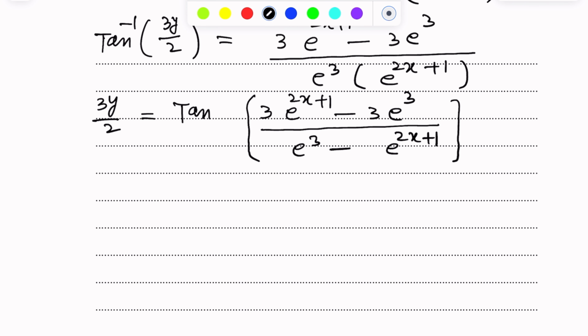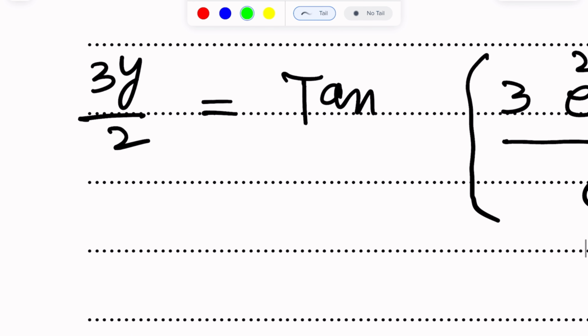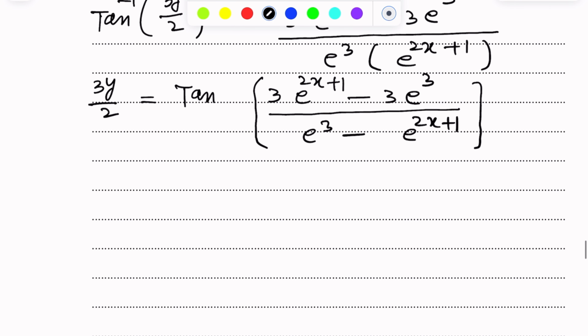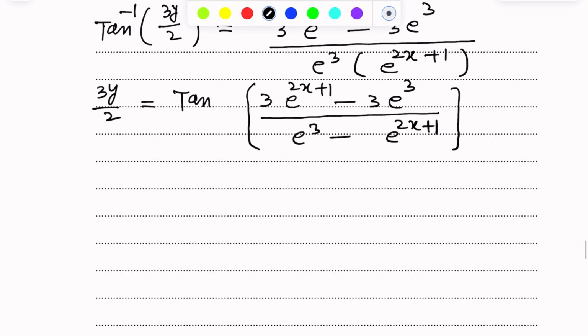Now from here we make y the subject. The coefficient 3 over 2 of y will move to the right hand side and become 2 over 3. So y is equal to 2 over 3.